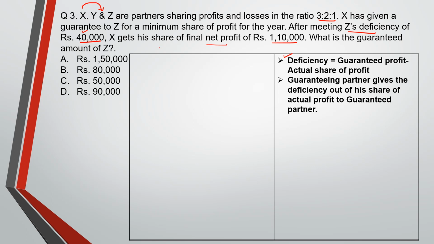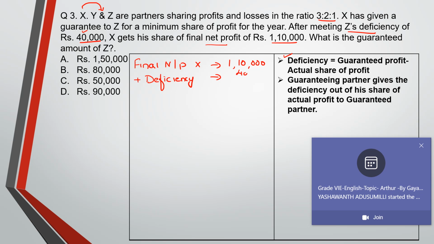And here from the information we have been given that X gets his share of final net profit of 1 lakh 10, which means after he has given away 40,000, he has received 1 lakh 10. Therefore, the final net profit that X has got is rupees 1 lakh 10,000, and he has given away the deficiency, which is 40,000.